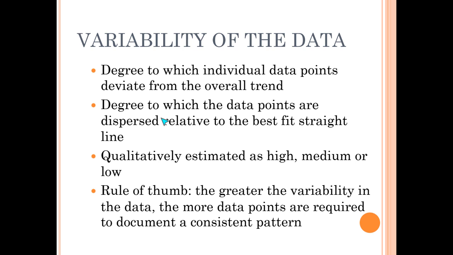If everything is very clear, and if the data are not scattered so much, you need fewer data points to make your case that there's a stable performance, that there's a stable baseline, or there is enough data points to show an intervention effect. However, if the variability is very huge and the data are scattered all over, then you need to continue with data collection so that you have a clear path and that you can see a clear trend.